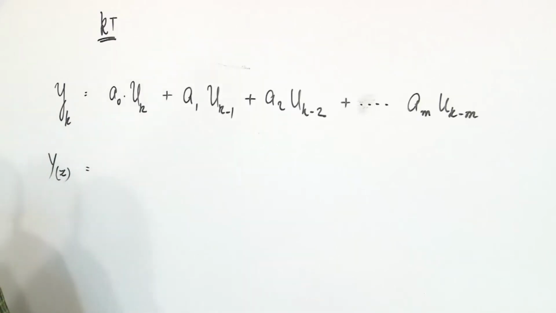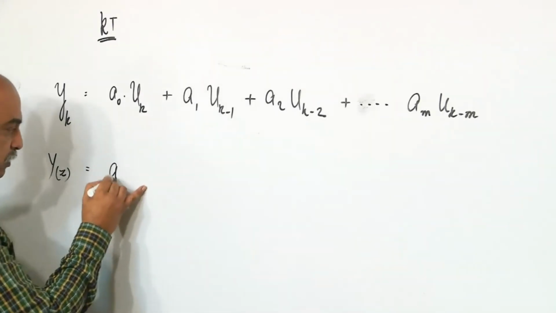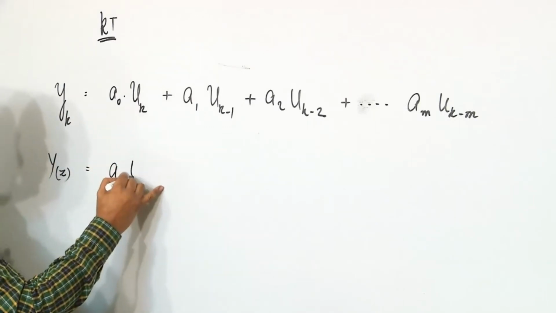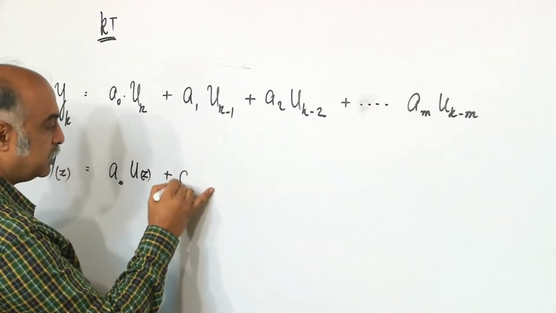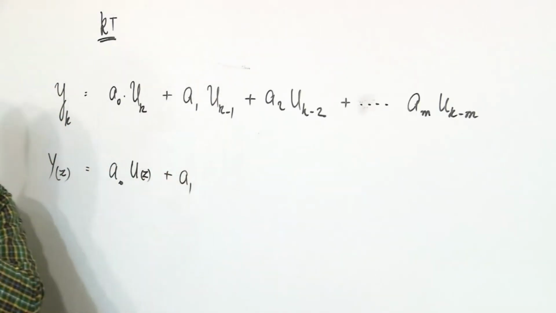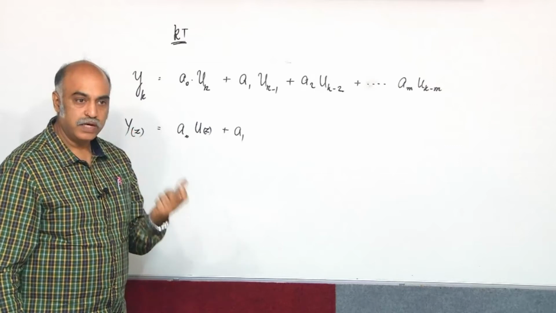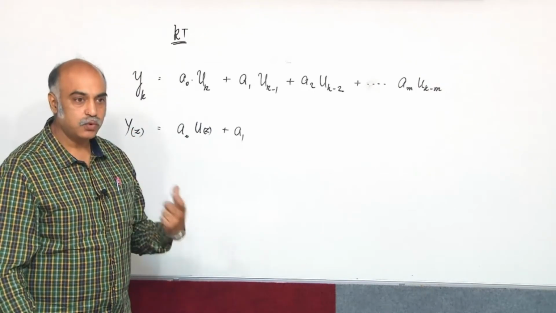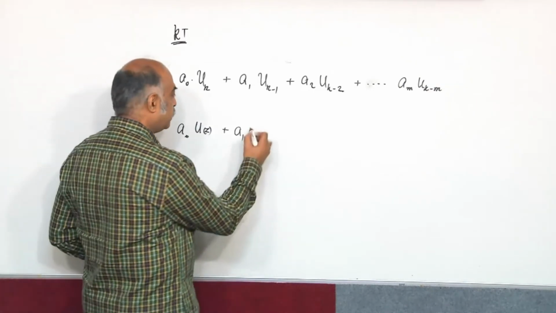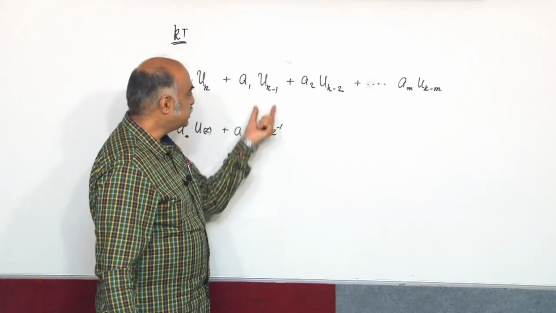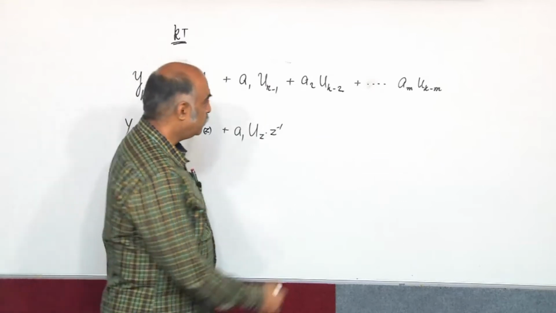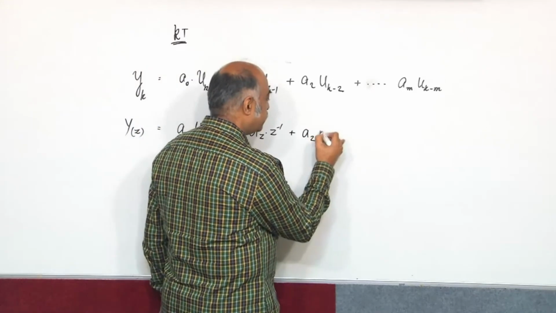Coefficients don't change, one to one correspondence. I have a0 u(z) plus a1 times u(z) delayed by 1 unit, so u(z) into z to the power of minus 1, plus a2 times the two times delayed version of u(z).